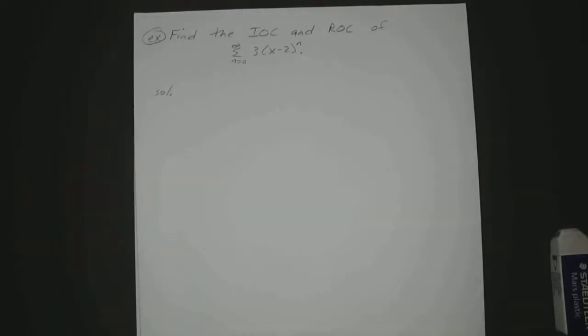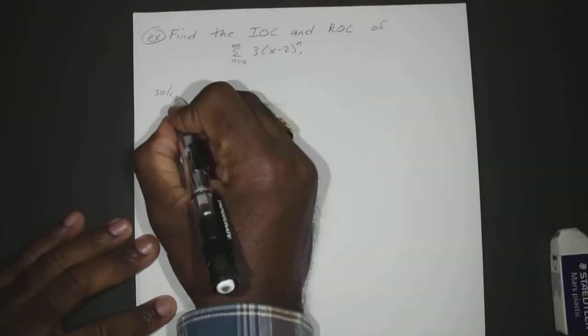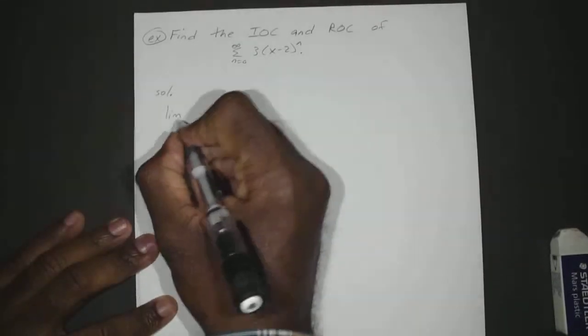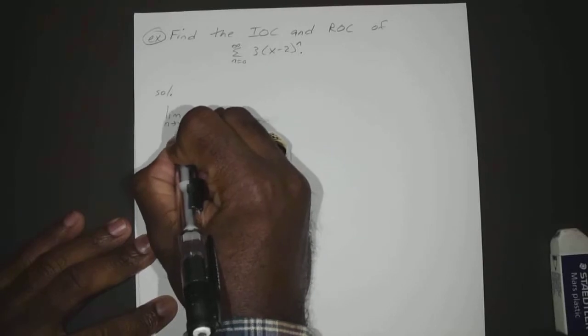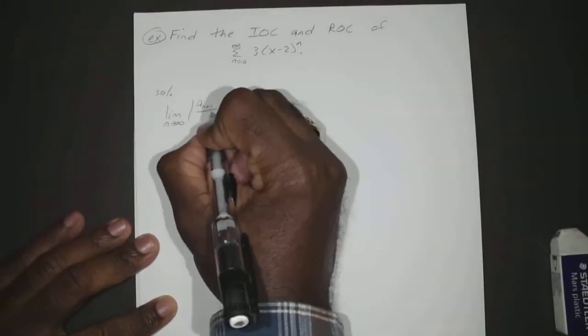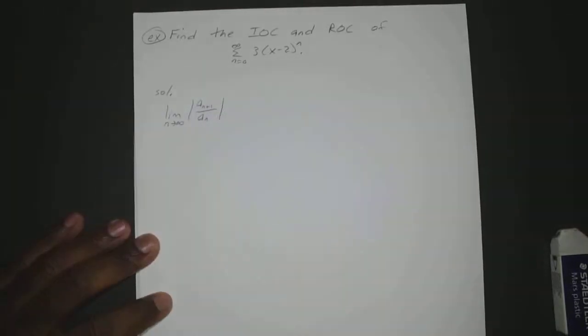Okay. So we're just going to use the ratio test again to find out exactly where it converges, or where it converges absolutely. So you have the limit as n approaches infinity of the absolute value of a sub n plus 1 over a sub n.